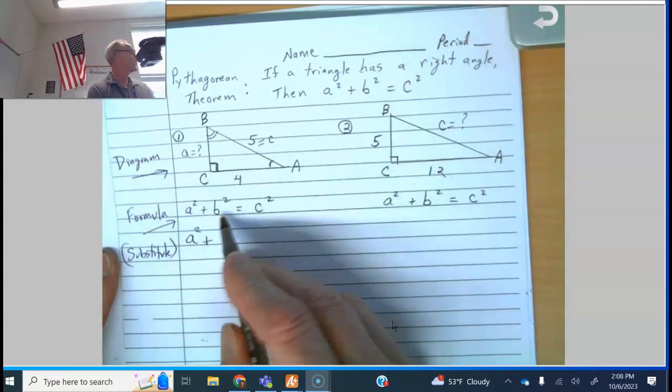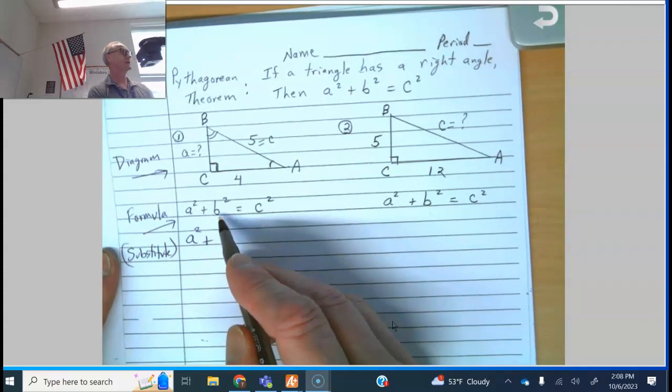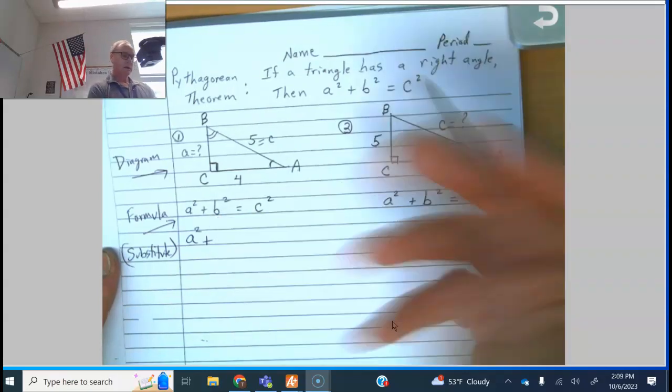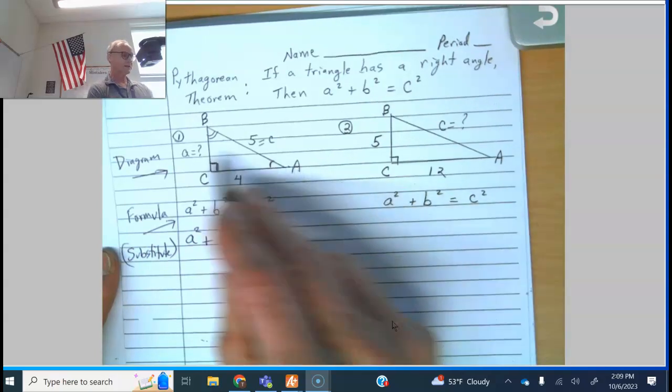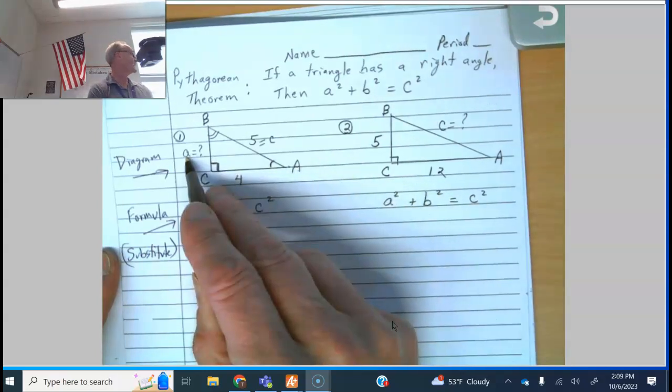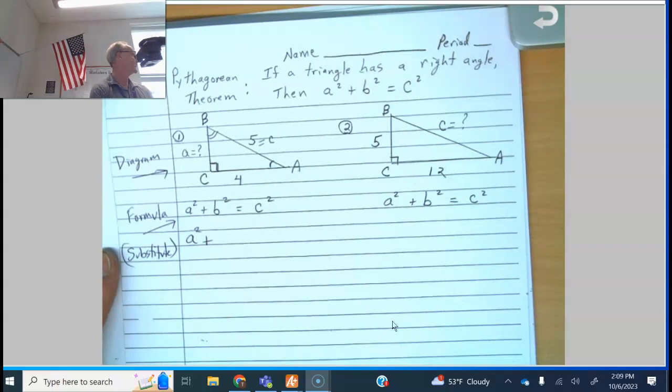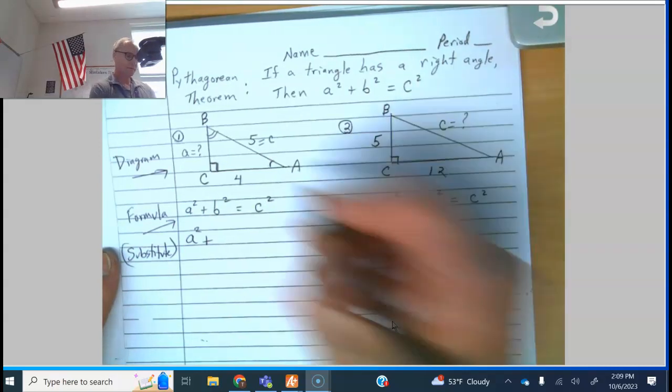But I do have something for B. What should I put instead of B? This is A, and it's across from side A. So which side is B? How big is side B? Yeah, it's the 4.